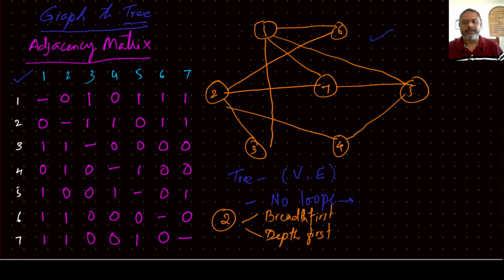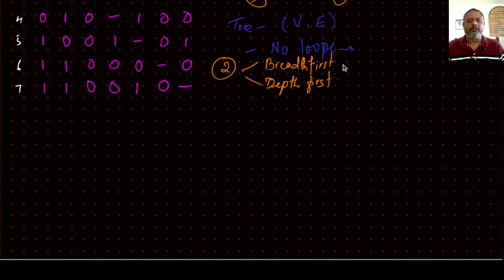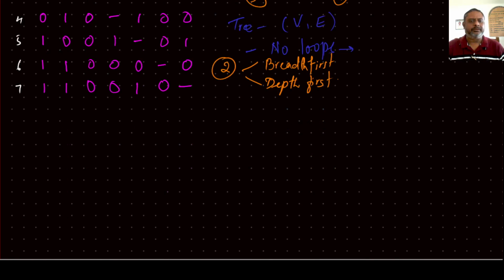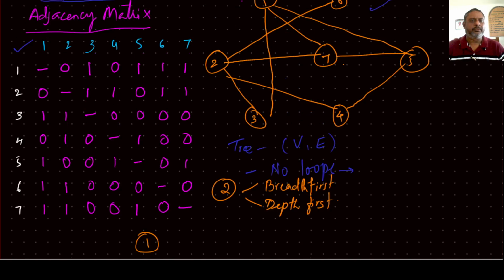So breadth first means it works level wise. Depth first means it goes in a series one after other. So let's look in detail one by one how they are done. So looking at the adjacency matrix, let me begin with node 1.